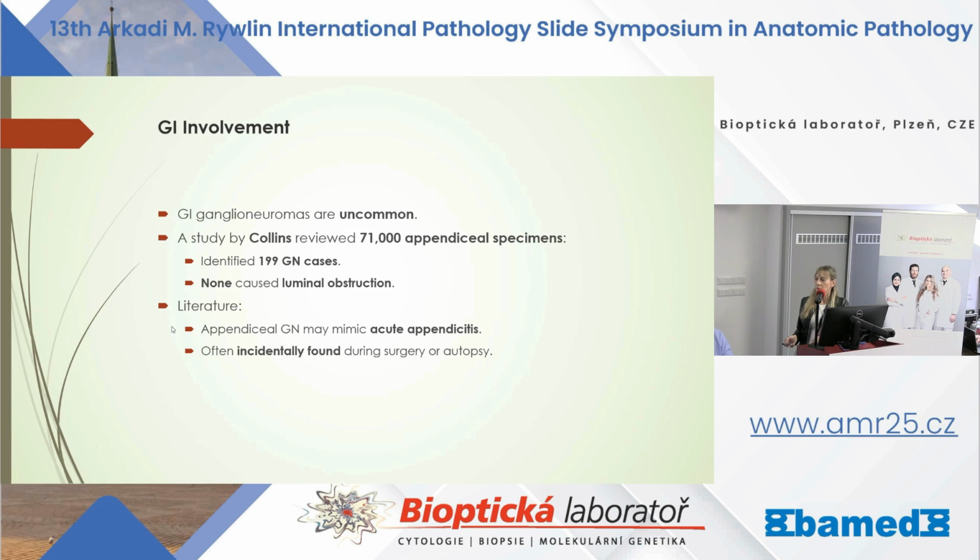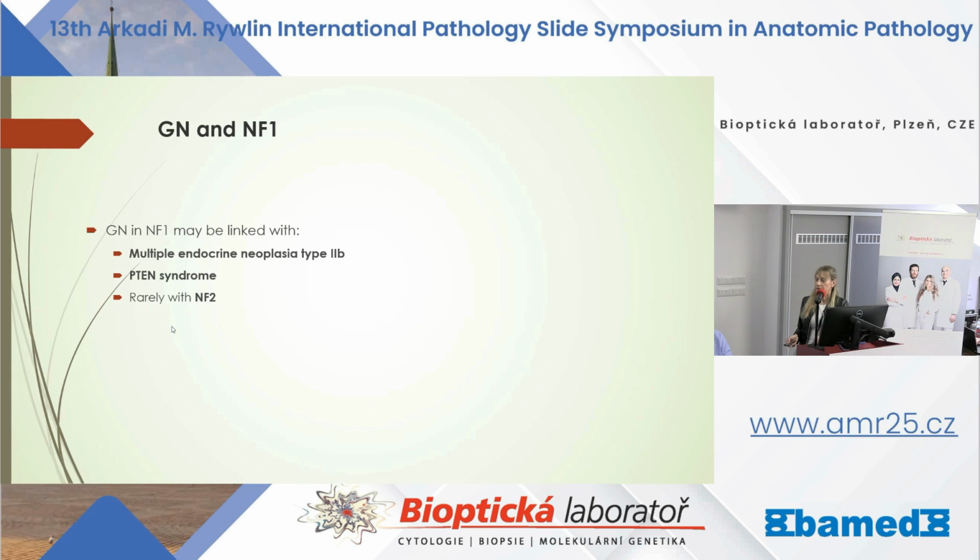Appendiceal ganglioneuroma may mimic acute appendicitis, and often they are incidentally found during surgery or autopsy. In neurofibromatosis 1, they may be linked with multiple endocrine neoplasia type 2B, Peutz-Jeghers syndrome, as Vanya told us this morning, and rarely with neurofibromatosis type 2.